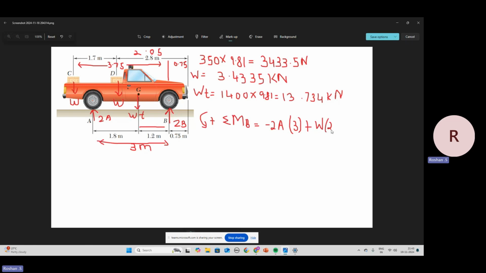So W into 2.05 plus weight of carton C into this distance 3.75, plus weight of the truck into the distance 1.2.